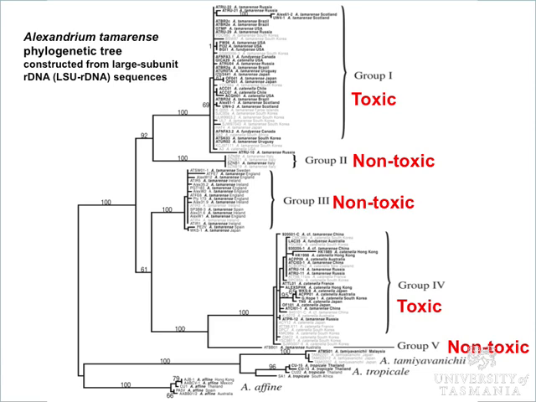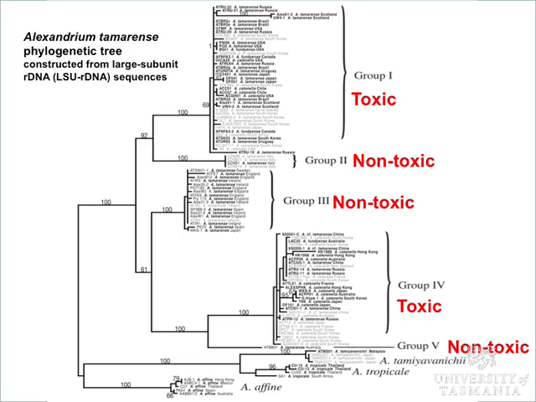So if any group is going to be our type organism, the thing that truly should be called Alexandrium tamarense, it's this one. All right? These ones, DNA tells us they're actually quite different. All right? This is quite a few different bases of DNA between those two groups.